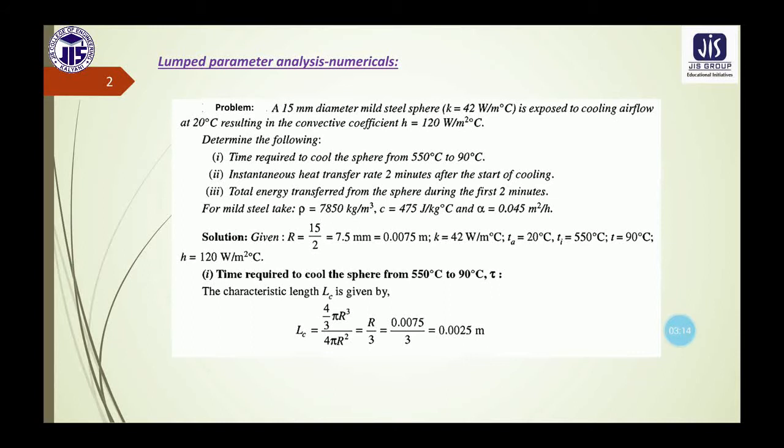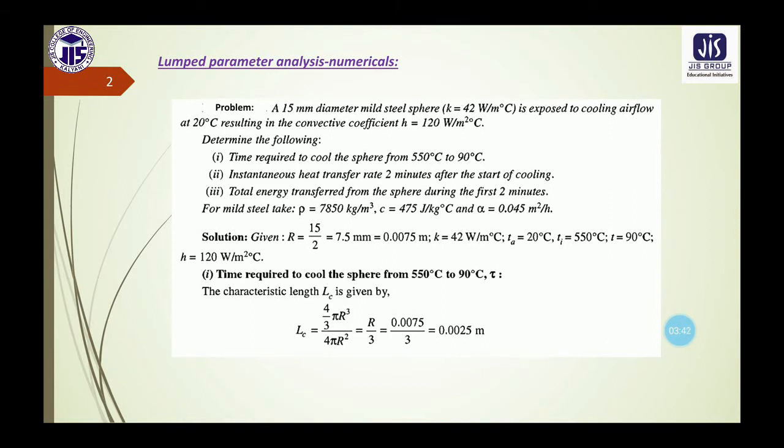So how to calculate the value of this characteristic length? In the last lecture we discussed the formula to calculate the characteristic length: it is the volume divided by the surface area of that geometrical shape. Here for this sphere, the characteristic length is the ratio of its volume divided by the surface area.